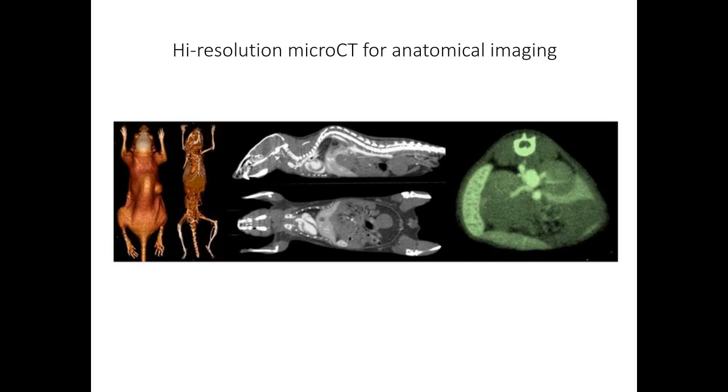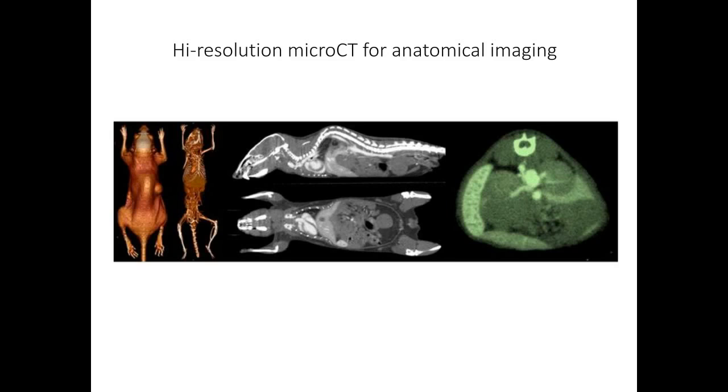But also, you can inject the contrast, as I mentioned, and actually be able to get the vascular structures in the whole animal. All these imaging modalities are done on a whole body level, so for our scanners, we image for about 2 minutes, and we are able to get these kind of resolutions and these kind of field of views of the whole animal.